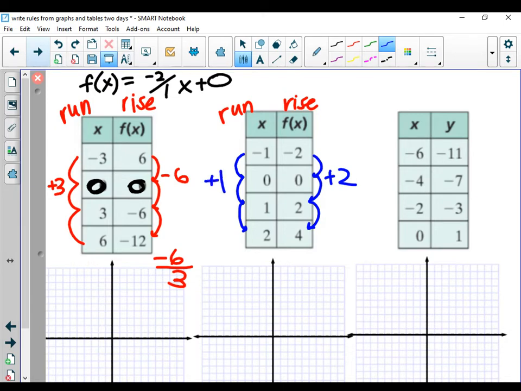Nice, +1, he said. Good work, you two. Guess what you just found? The slope. F of x equals 2/1 x plus. Allie, any idea on the y-intercept? 0.